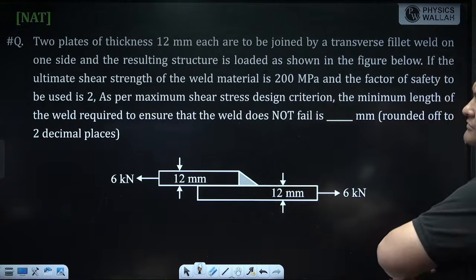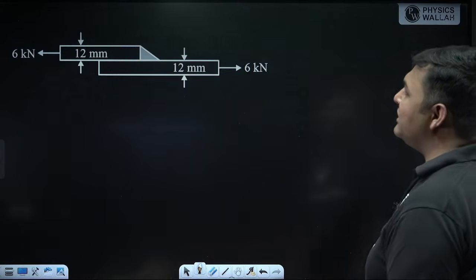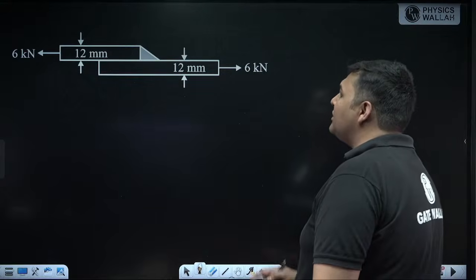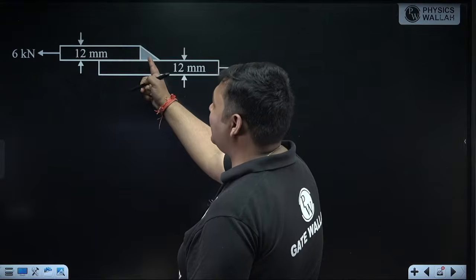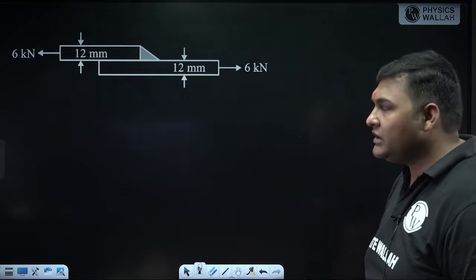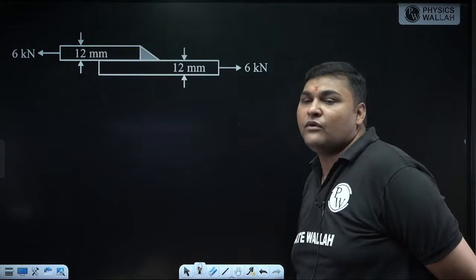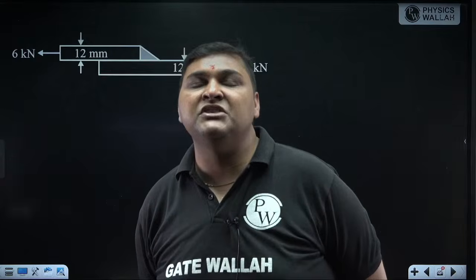This is good question. So simply you can remember in transverse fillet weld means if force is perpendicular to weld length. Here if you draw a line along weld length, you can see force is perpendicular to this line. That's why it is transverse fillet weld. In transverse fillet weld, in the weld, due to force, both direct normal and shear stress comes.